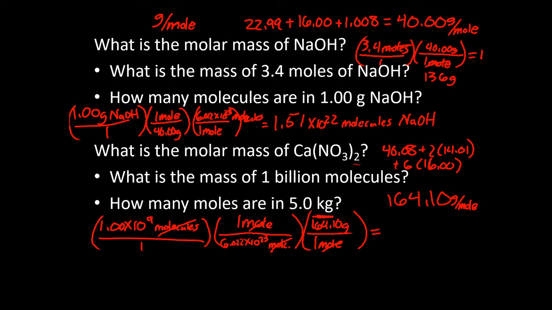So 1 times 10 to the 9 divided by 6.022 times 10 to the 23rd multiplied by 164.1, the billion molecules only weighs 2.73 times 10 to the negative 13 grams, which is really, really tiny.